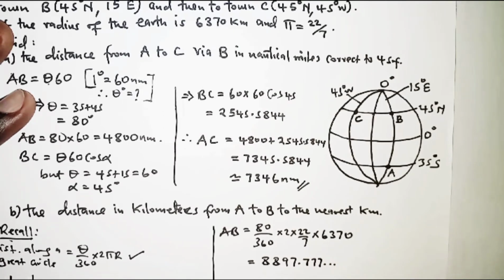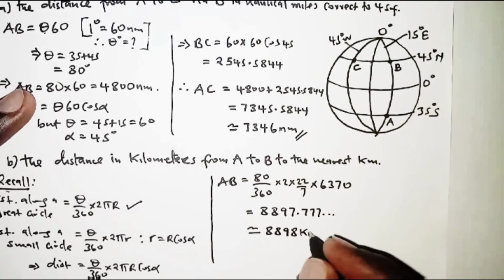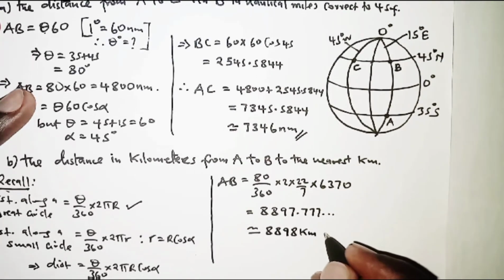And to the nearest kilometer, that is to the nearest whole number, we need to have it as 8,898 kilometers.